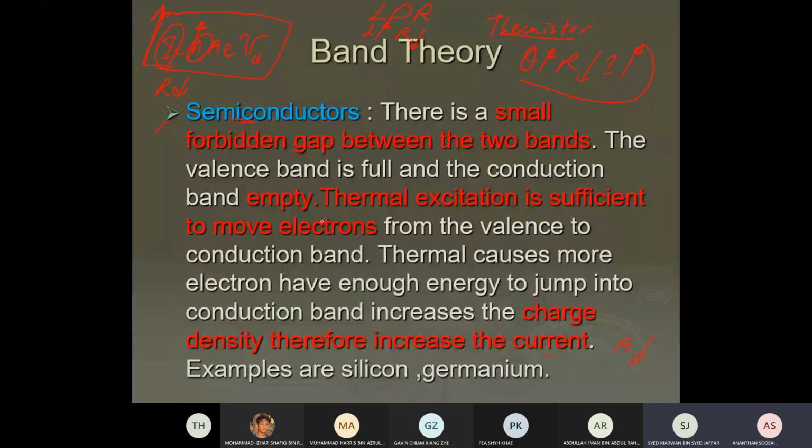When light is exposed to the semiconductor LDR, the electron gains energy from the photon. Then the electron jumps to the conduction band. The charge density rises, therefore promotes more current. Yes, band theory now gives reasoning for why that happens.